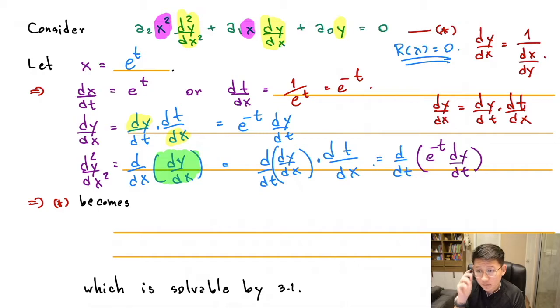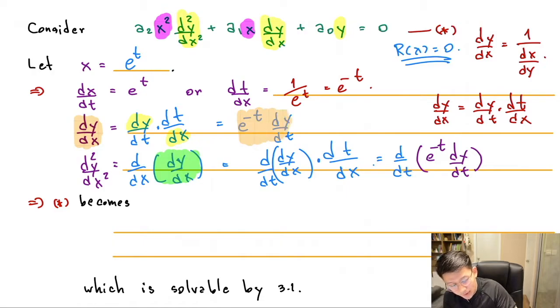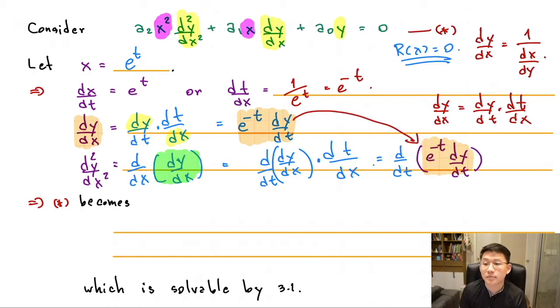Why? Because we have a dy by dx here, which is this guy, so I basically put it here. Make sense? And dt by dx is again e to the minus t, right? From here, guys.